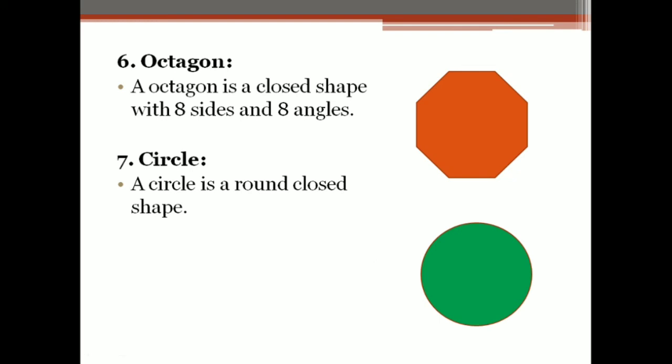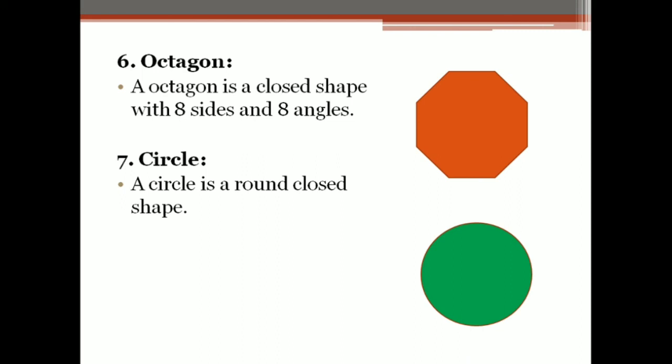So let's quickly revise what we have studied today. We have started our second chapter, that is shapes and angles. In that we have studied what shapes are and what angles are. In shapes we have studied the closed shape. In a closed shape there is no gap, while in an open shape there is a gap. Then we studied angles.